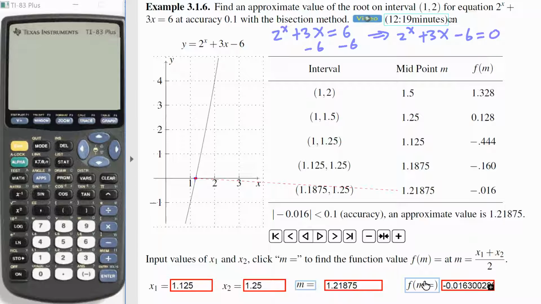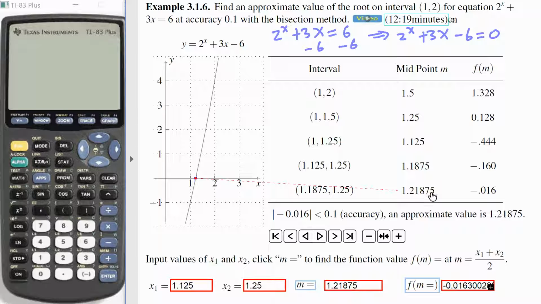You hit this icon, you have a negative 0.016. That's the value right here. Okay, so up to this point, you see the absolute value of negative 0.016 is less than 0.1. So you can then treat this one as a 0 because the accuracy has reached.